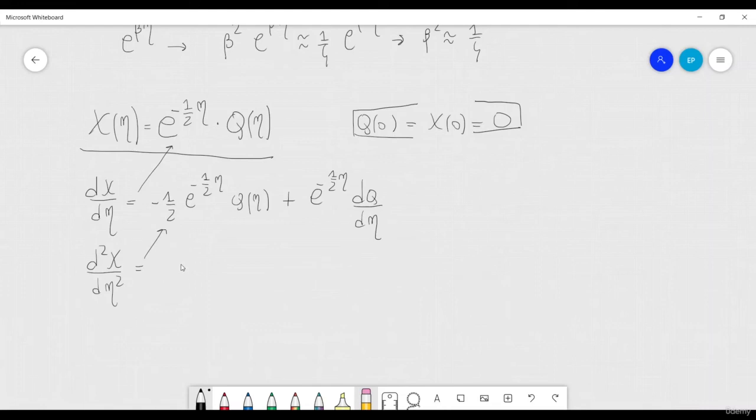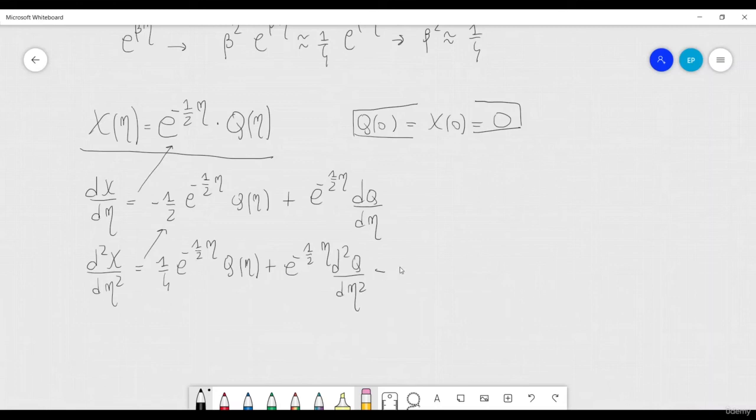So I have 1 over 4 e to the minus 1 half eta times q of eta plus e to the minus 1 half eta d squared q over d eta squared. But we also have another term like this.